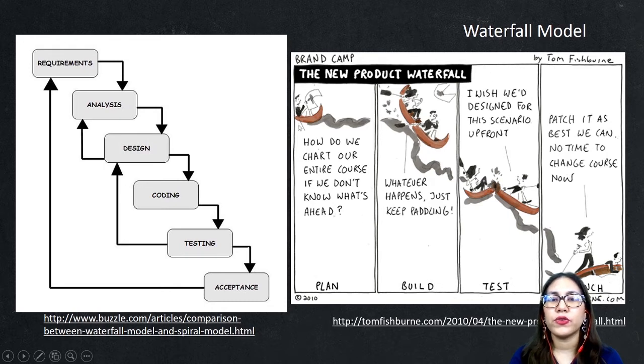If you don't get good enough requirements, the testers may find some mistakes in the testing phase, maybe an incomplete system or something like that.